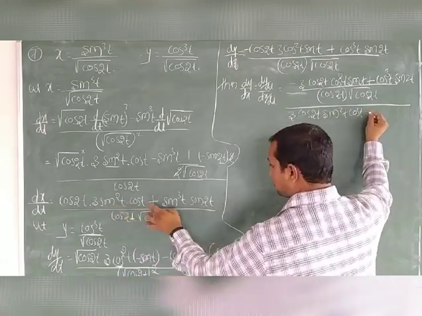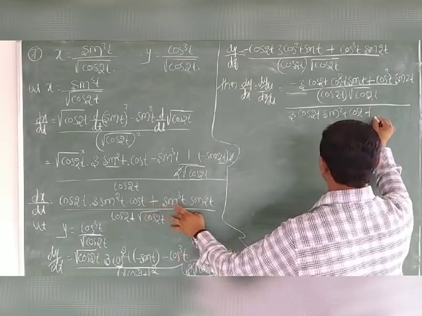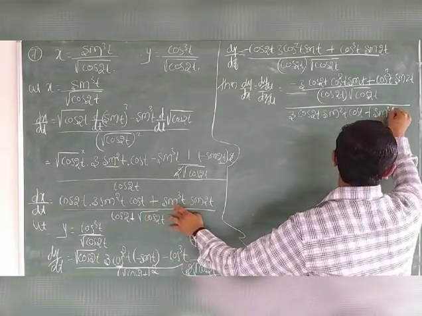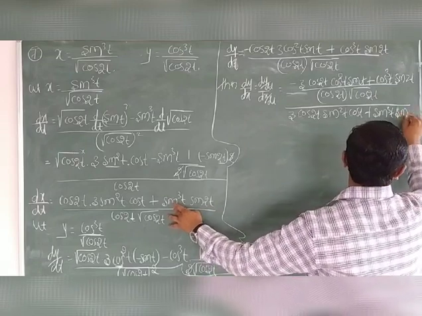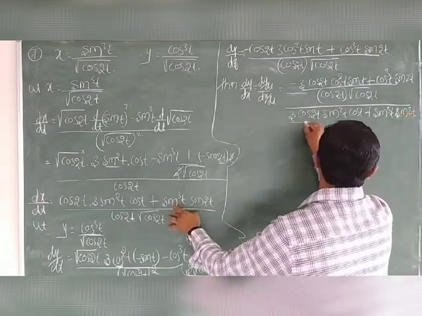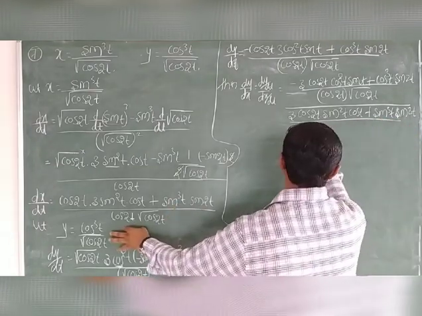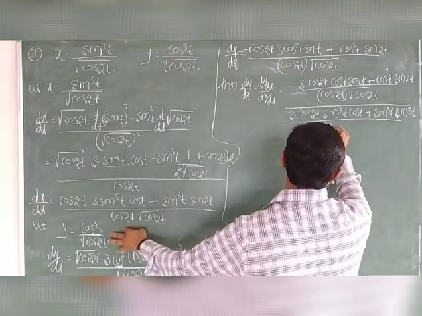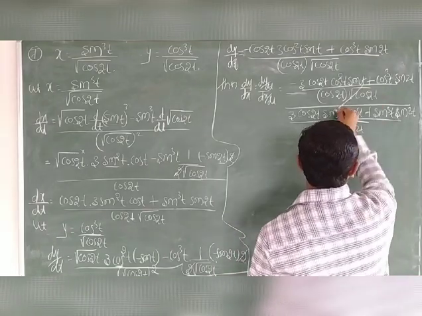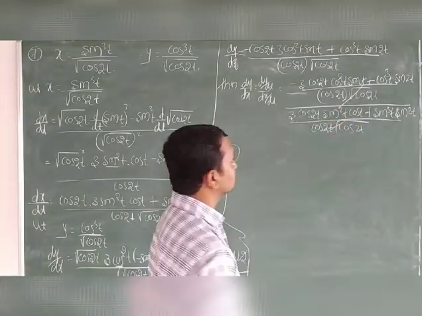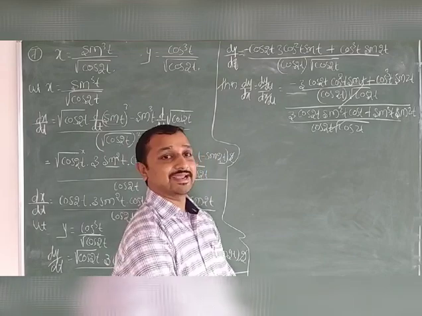And next this term plus sin cube t into sin cube t, whole divided by this term cos 2t into cos 2t its root. These two terms will get cancelled.